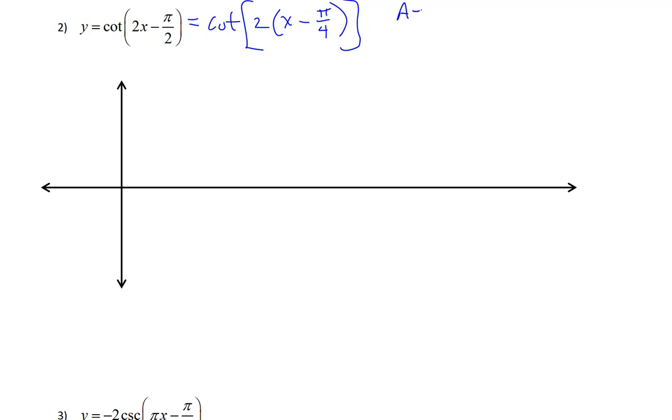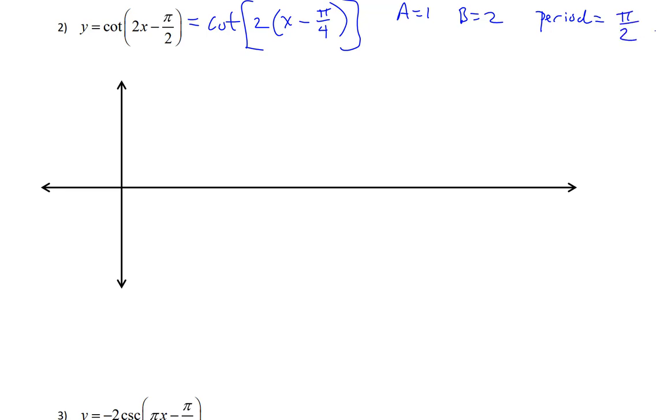Notice here, so then a couple things. A is 1. That doesn't change anything with our amplitude. B is 2. How does that matter? Well, remember, we have to find our adjusted period for this graph, and it's always the normal period divided by b. Well, the normal period for a cotangent, you can check this going up above, is pi. Tangent and cotangent have a normal period of pi.